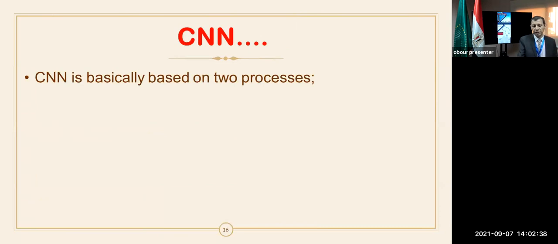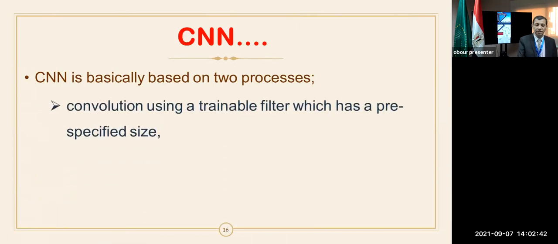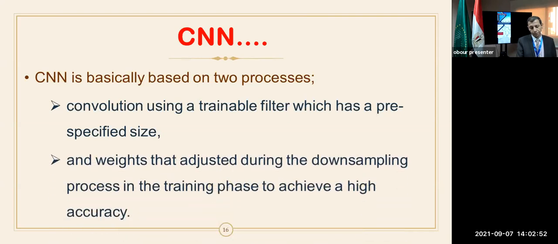CNN is based basically on 2 steps. First is convolution, which uses a trainable filter with a pre-specified size. The other is weight adjustment, and this process is done during training and accuracy adjustment.